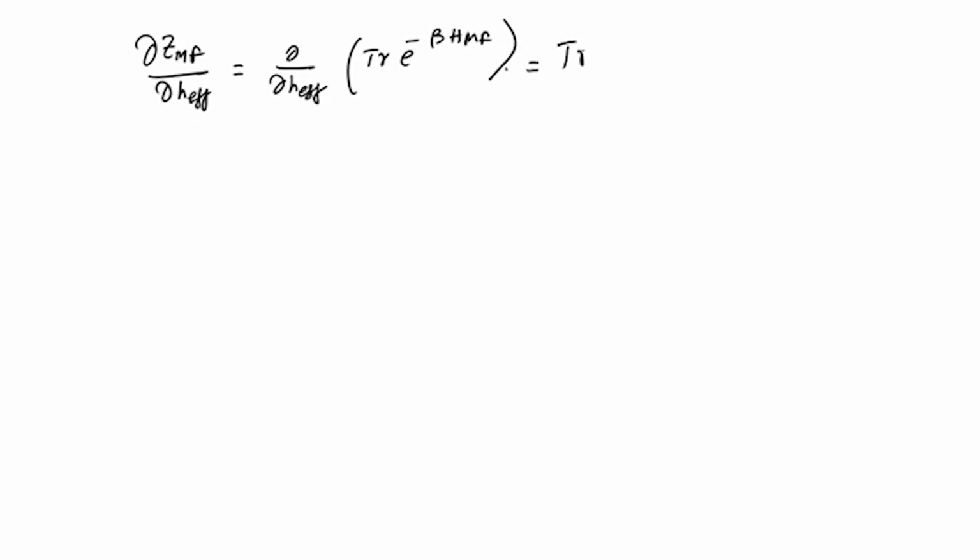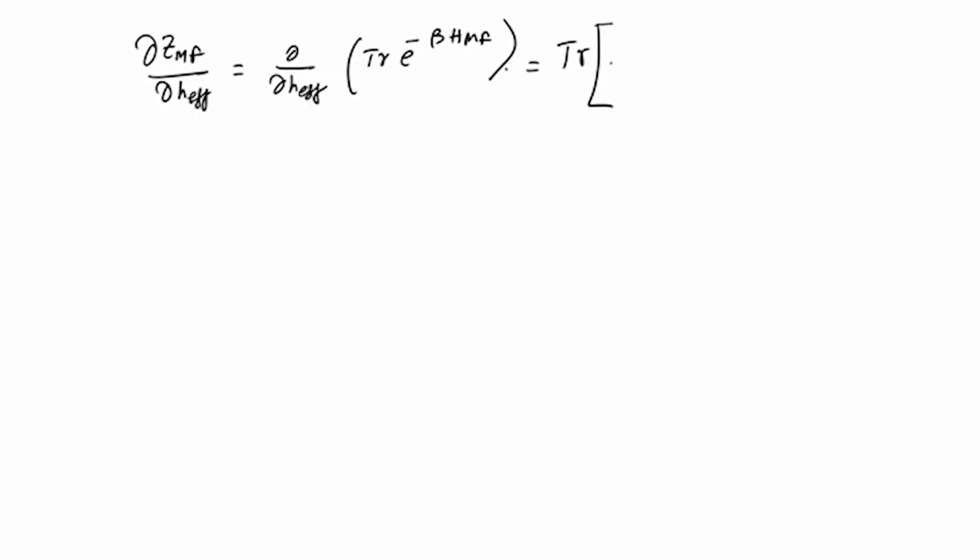So, let me show this step. We have del ZMF by del H effective, and that is equal to del H effective divided into trace of exponential minus beta H MF, the mean field, and this is equal to trace of, we can take it inside because the H effective is only there in exponential minus beta HMF.